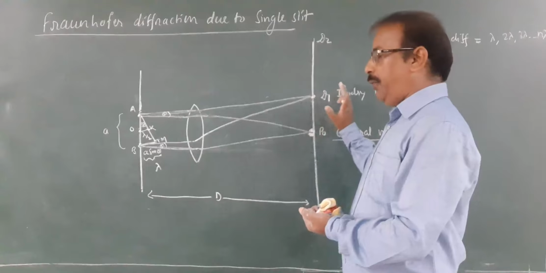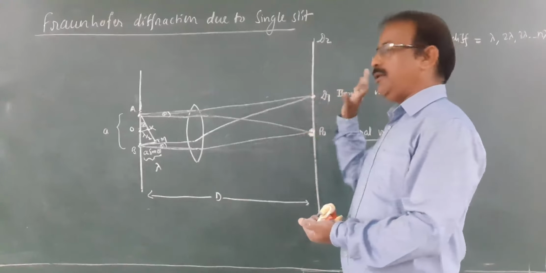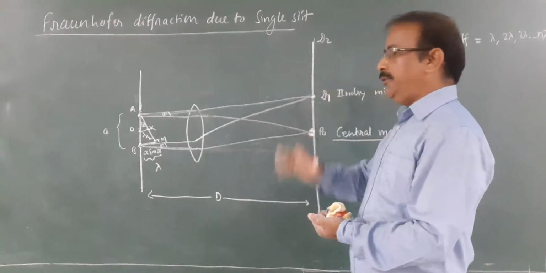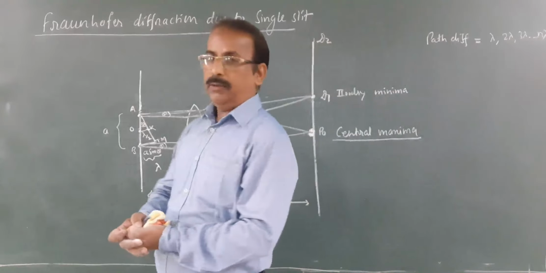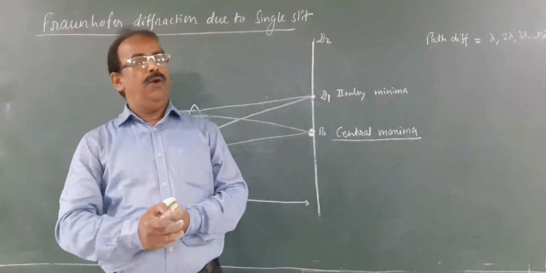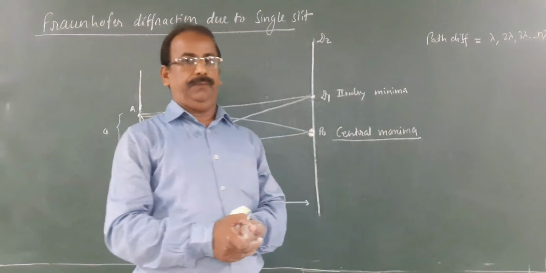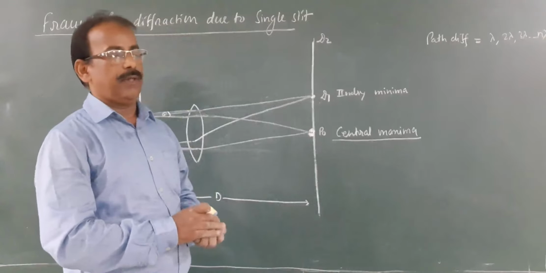Therefore, the 2 waves cancel each other. All the waves will get cancelled here, and we observe darkness at this position, which is called secondary minima in this diffraction.